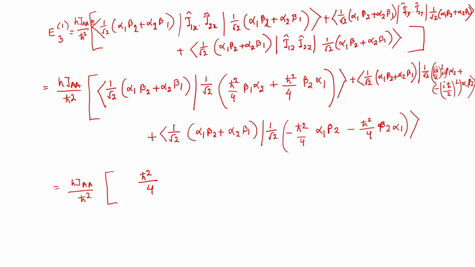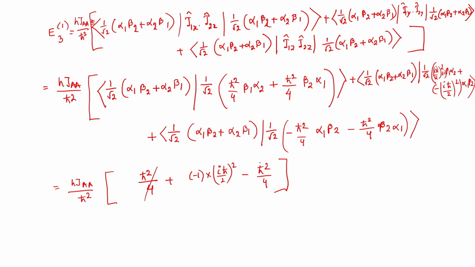Then alpha 1 beta 2, alpha 1 beta 2, here also you are getting alpha 1 beta 2 plus alpha 2 beta 1, and here you are getting minus 1 into i h cut by 2 square of that, and here you are getting h, minus h cut by 4 as common, right?